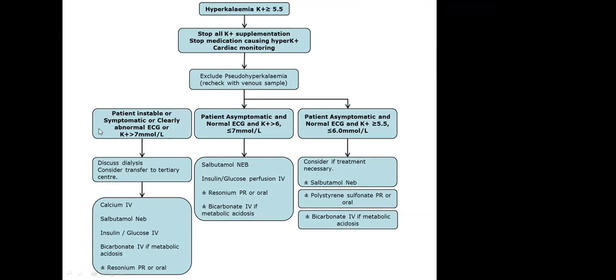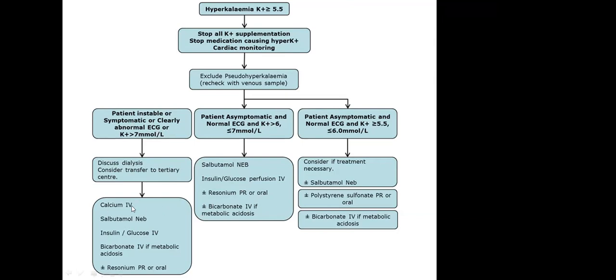If the patient is unstable or there is a clinically abnormal ECG, make sure that you anticipate and plan to dialyze if the patient is not in a state of hemodynamic stability.